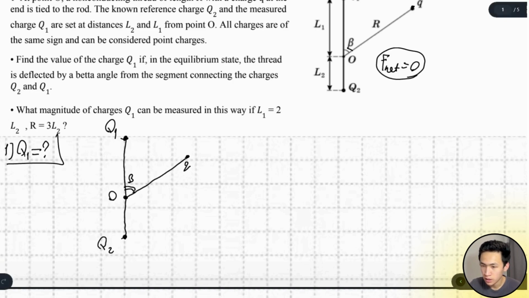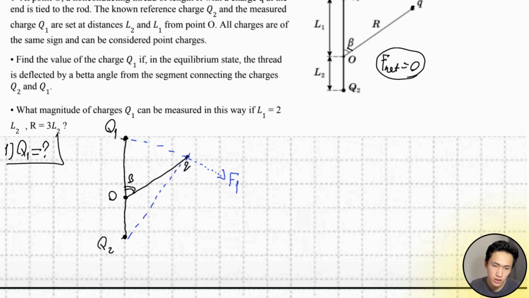Let me change the color of this pen. Q1 will exert a force in this direction, it will be F1. In this direction it will be F2. All the forces are repulsive forces, not attractive forces. Let me write the formulas.